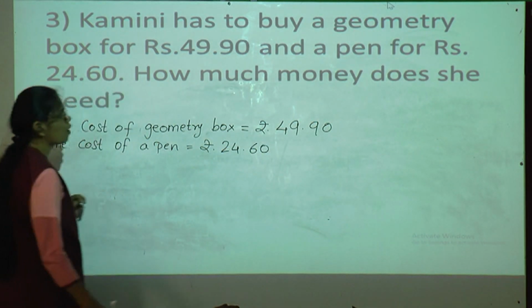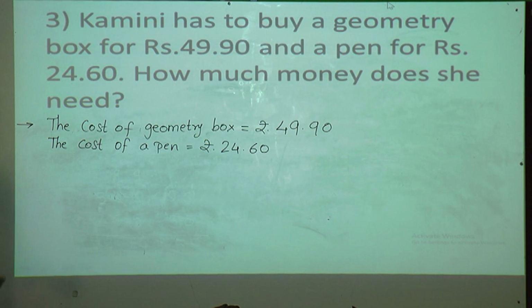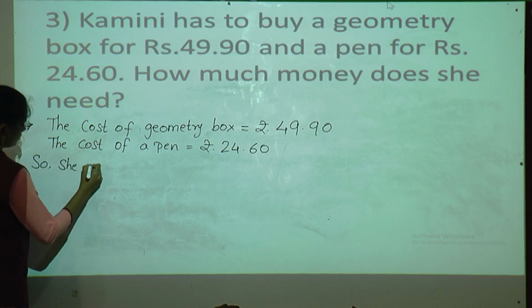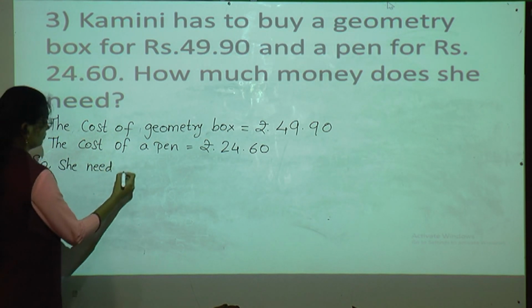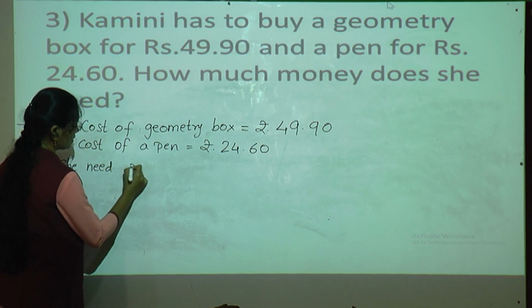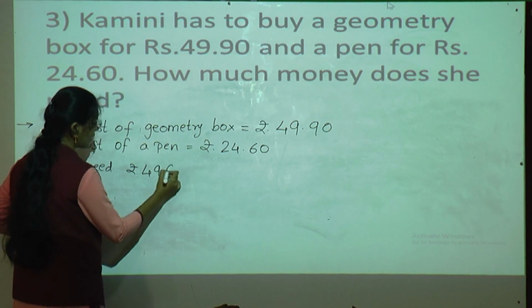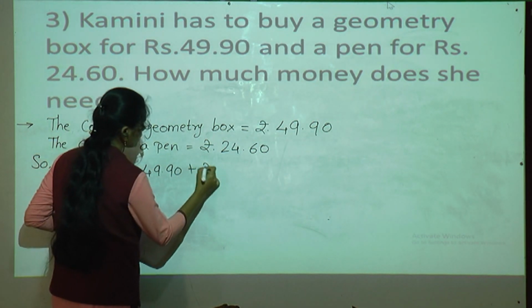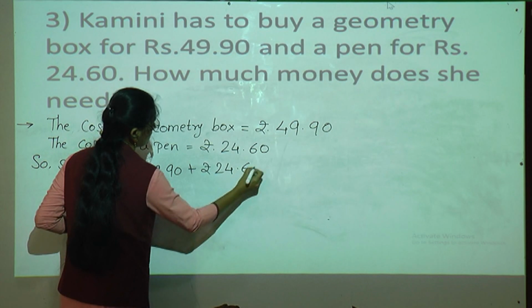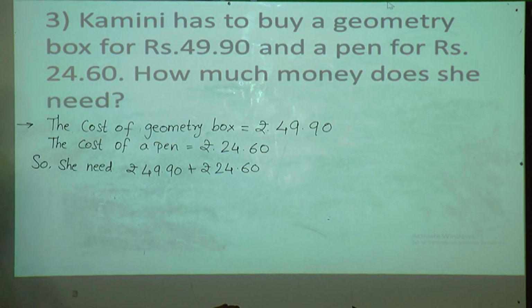And the question is how much money does she need? So here we'll write, she needs rupees 49.90 plus rupees 24.60. Okay, so here we have to do the addition.